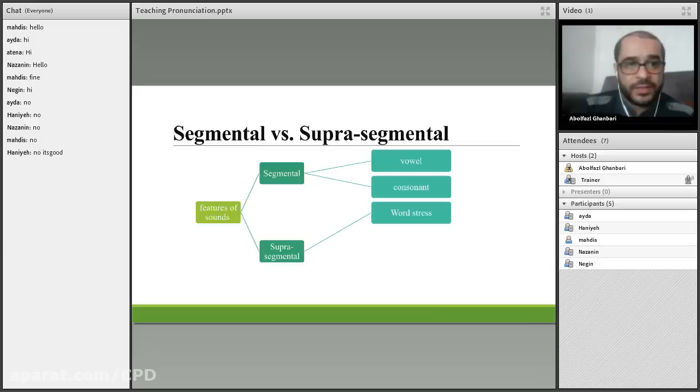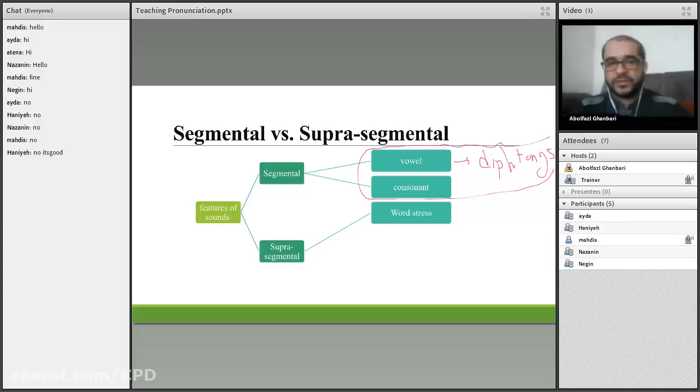Let me write diphthong here, because on the other side of vowels we have diphthongs.